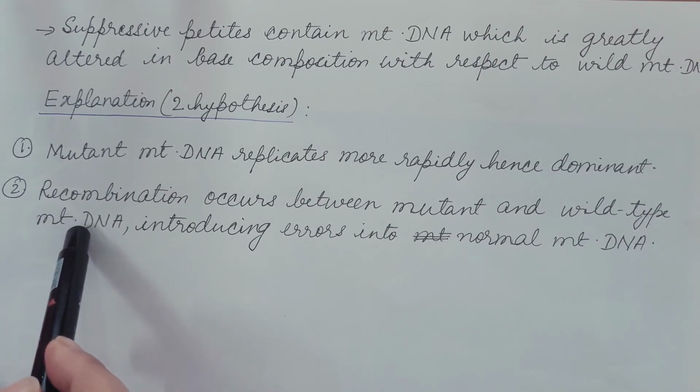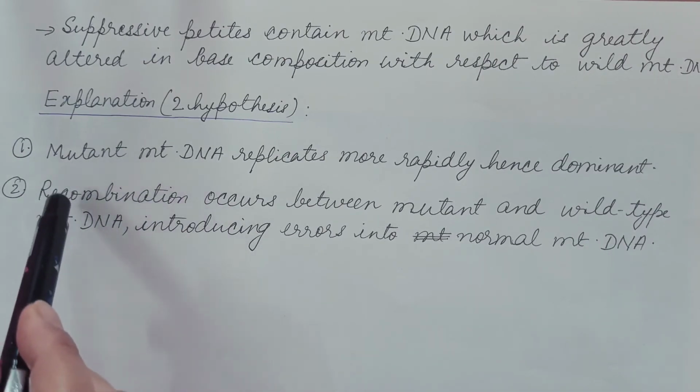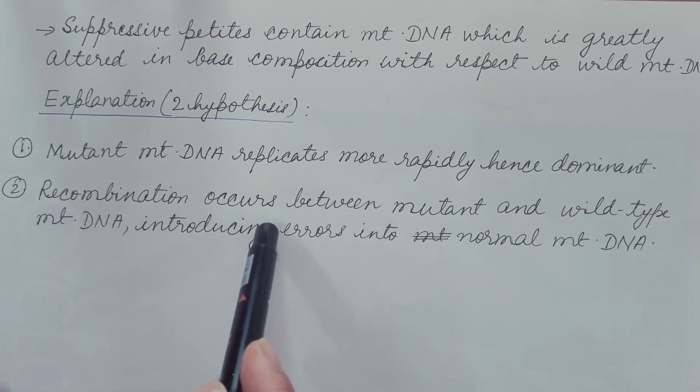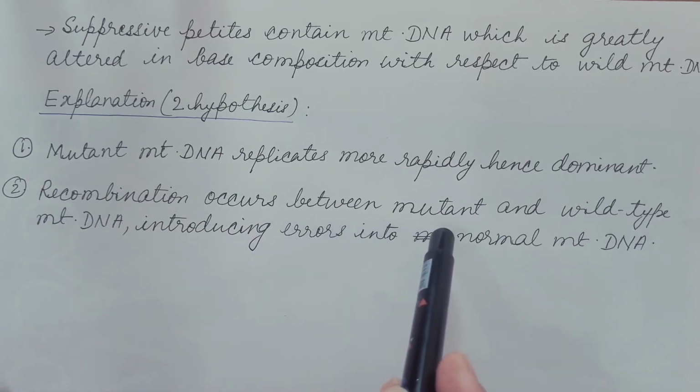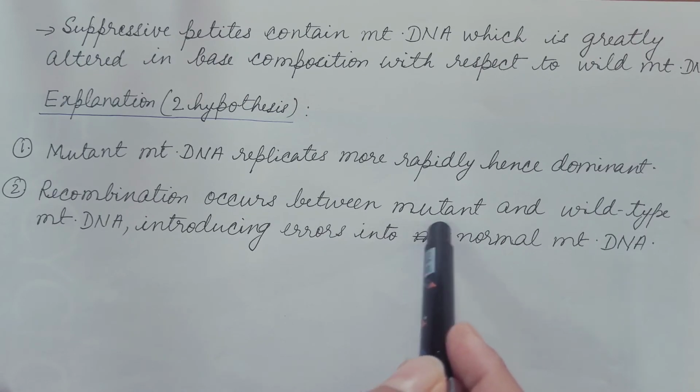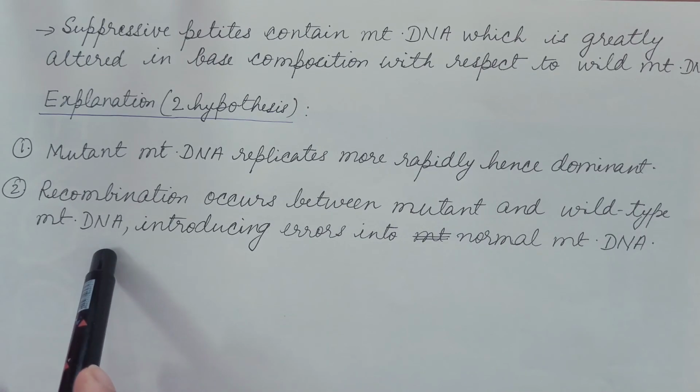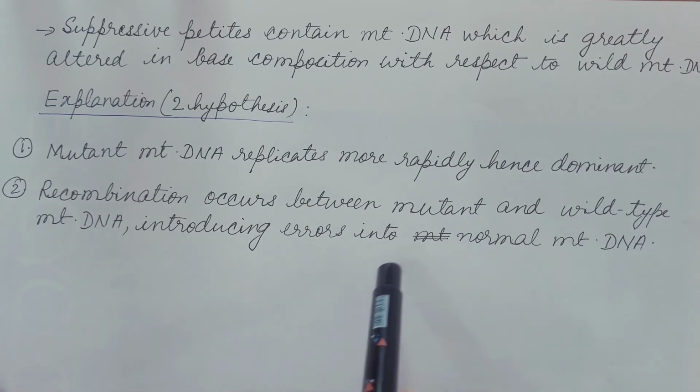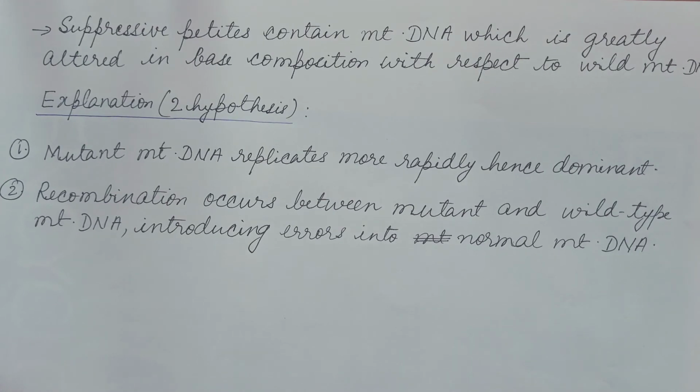And the second hypothesis is that in the zygote, recombination occurs between mutant and wild type mitochondrial DNA. This introduces errors into normal mitochondrial DNA, and now most of the mitochondrial DNA is also mutated, as a result of which most of the progeny or offspring that we get are petite.